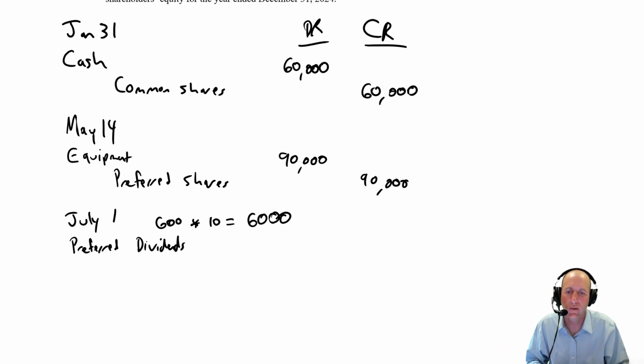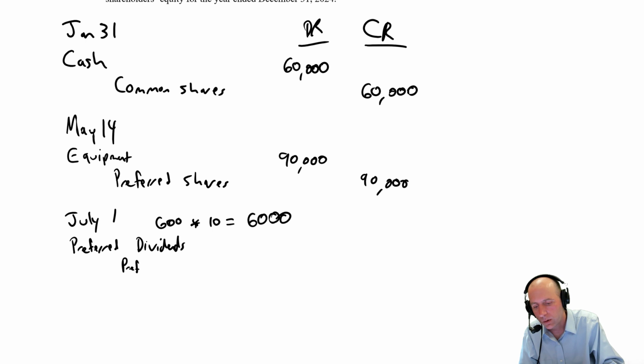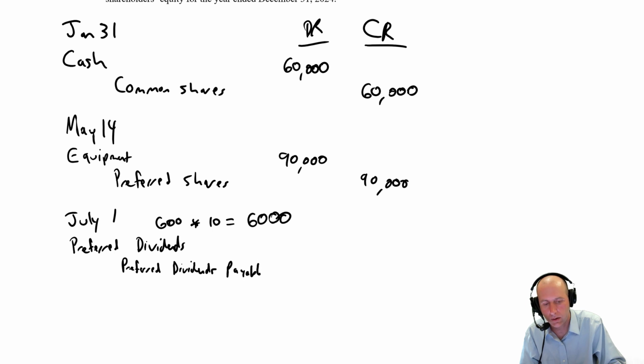So commonly when dividends are paid, people don't even debit a dividends account because they know it's going to retained earnings anyway. They just debit retained earnings. I like to keep it separated, particularly as we're learning. So debit preferred dividends, credit preferred dividends payable, right? We're going to be paying these. We haven't paid them yet.